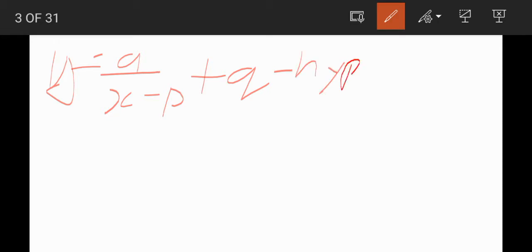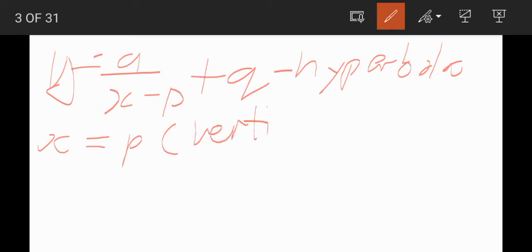A hyperbola function, right? This is a hyperbola function. Then what must you know? You must know that x equal to p is your vertical asymptote.